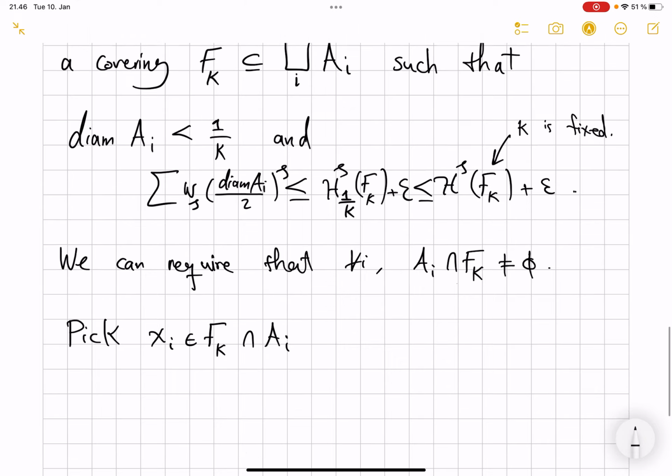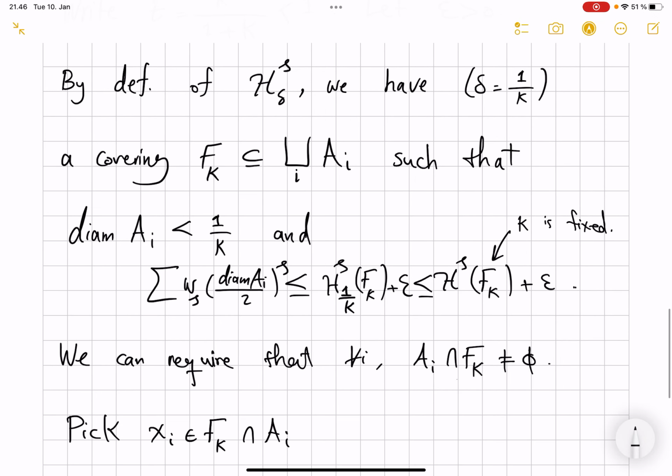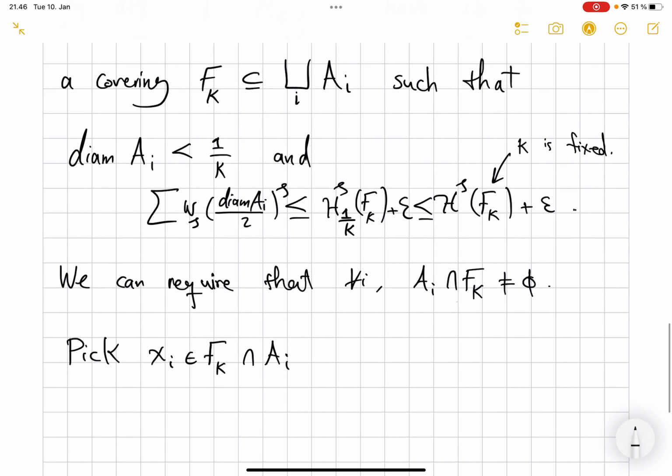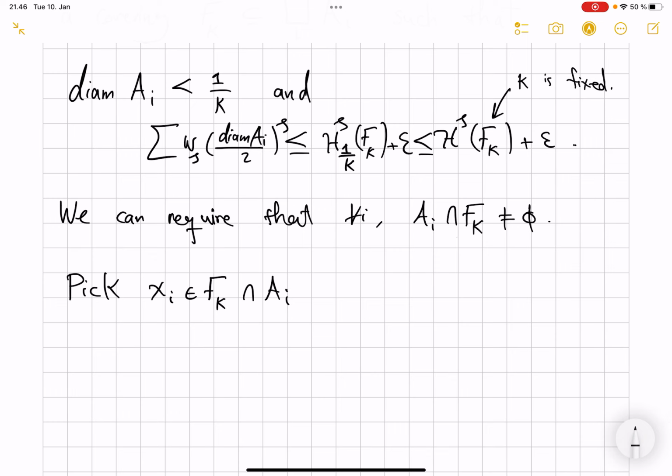So remember that we have defined Fk with some certain properties, and we are going to use those estimates. So this xi will be the center of the balls, and the radius of the ball will be the diameter of the set Ai. So for every I, fix some point and some radius.